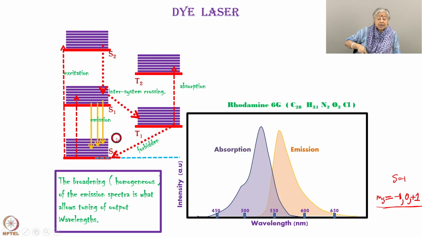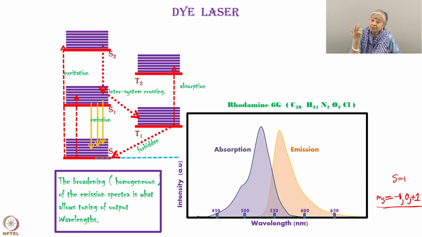These are the triplet states. Now, what about these levels here? These levels are the rotational and the vibrational levels. So, that means the bonds between carbon and hydrogen, or between carbon and nitrogen, or hydrogen and nitrogen, there are so many bonds there. Okay. How are they vibrating? The modes of vibration.